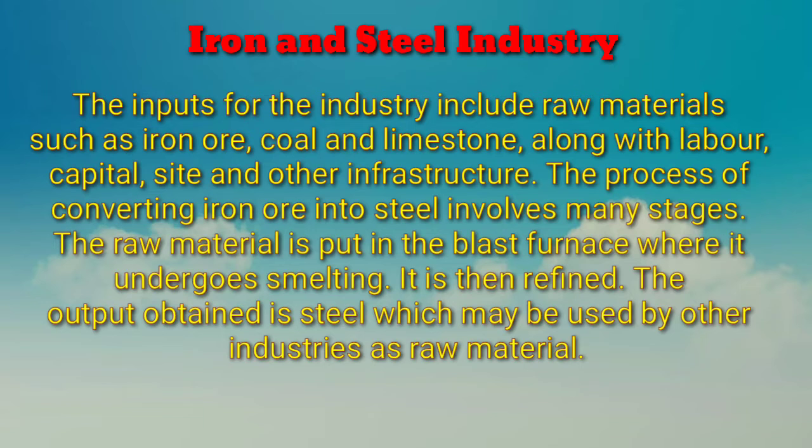The processes of converting iron ore into steel involve many stages. The raw material is put in the blast furnace where it undergoes melting. It is then refined. The output obtained is steel, which may be used by other industries as raw material.